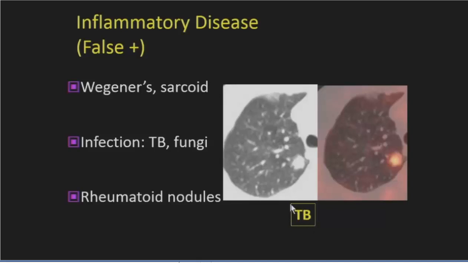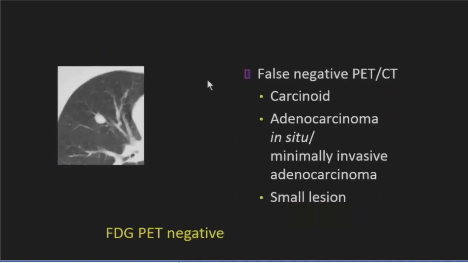And granulomatous disease, whether inflammatory or infectious, is the one pitfall for causing false positives on PET. In terms of false negatives, they've been associated with carcinoid, adenocarcinoma in situ, and small lesions in particular.